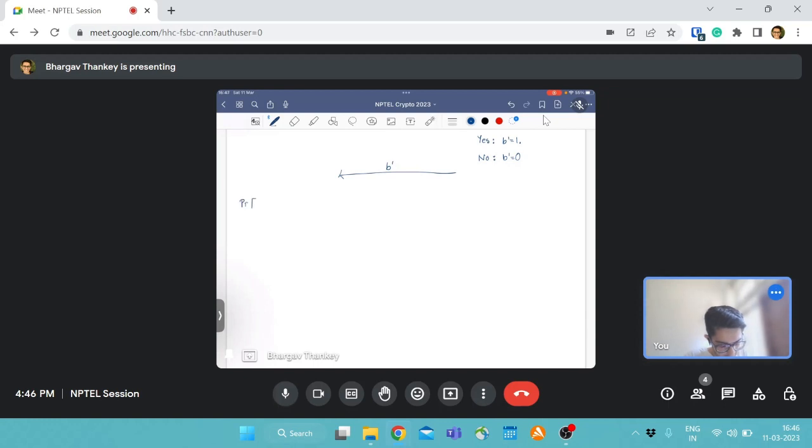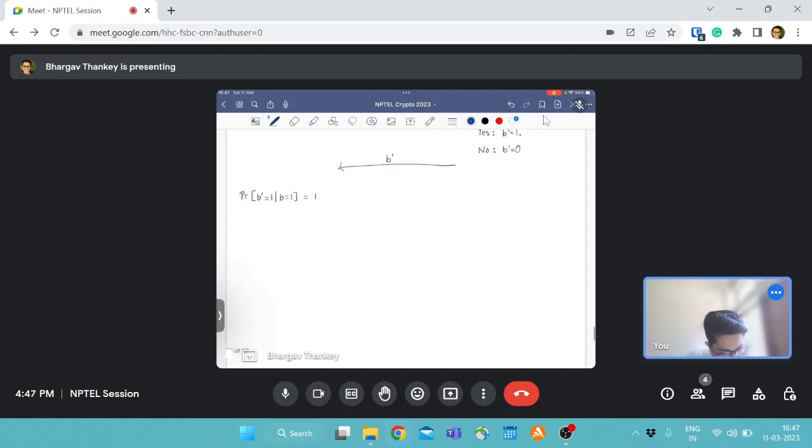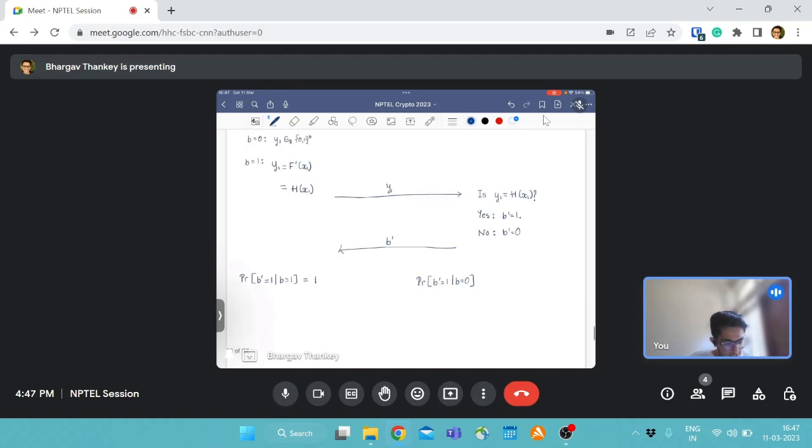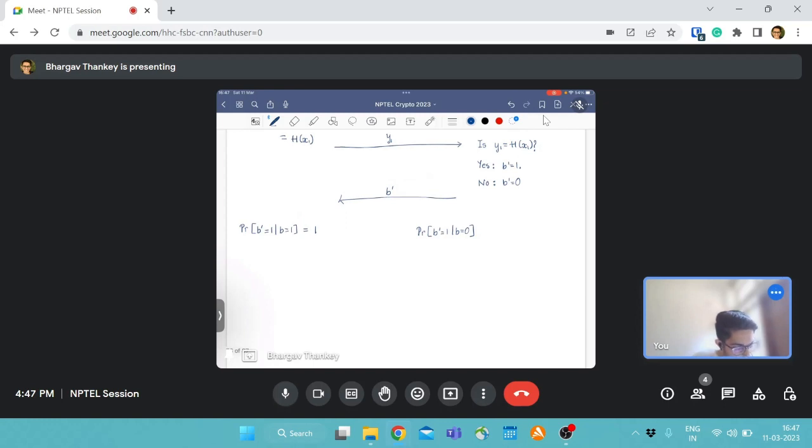What's the probability that B prime equals 1 given B equals 1? When B equals 1, we are interacting with F prime. So Y1 is always going to be H of X1. This is 1. And what is the probability B prime is equal to 1 given B equals 0? In this case, we are interacting with a totally random function. So the probability that Y1 is going to be this fixed value H of X1 is just like in option A, 1 over 2 to the n.